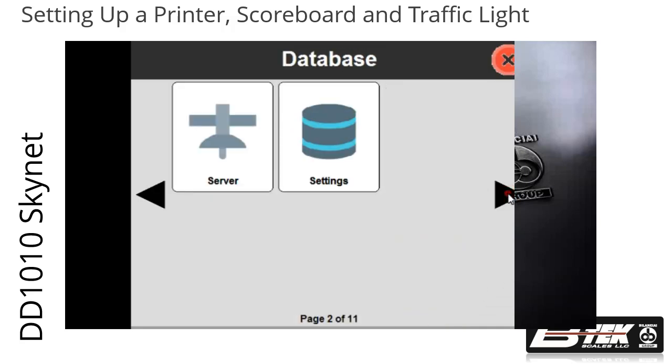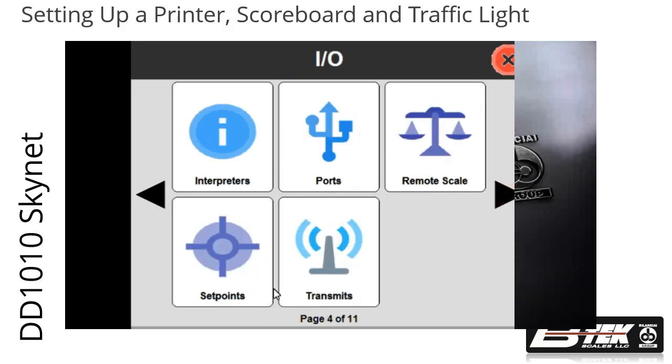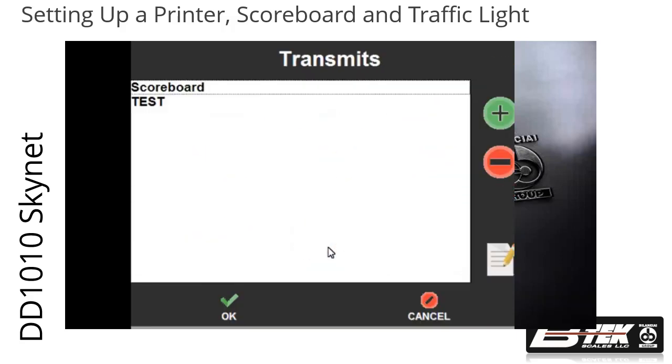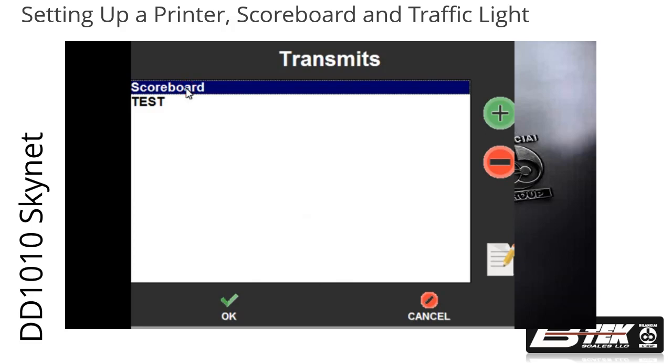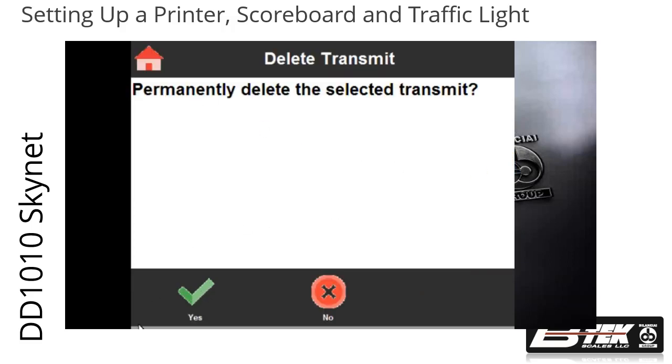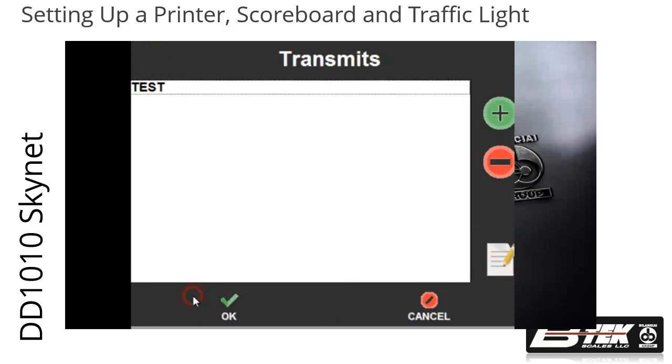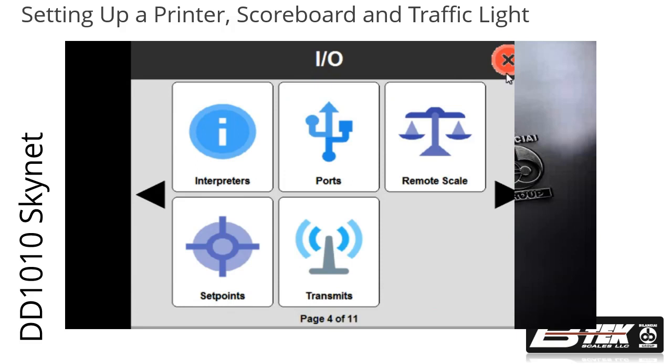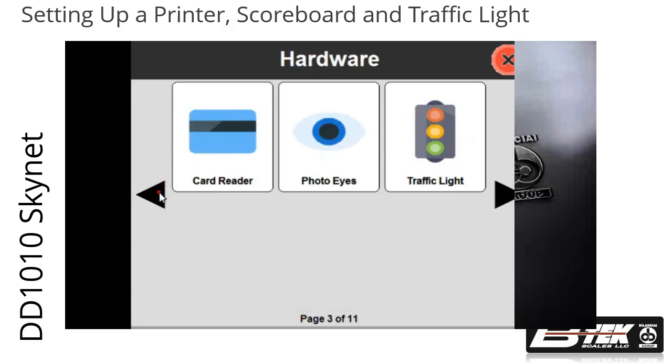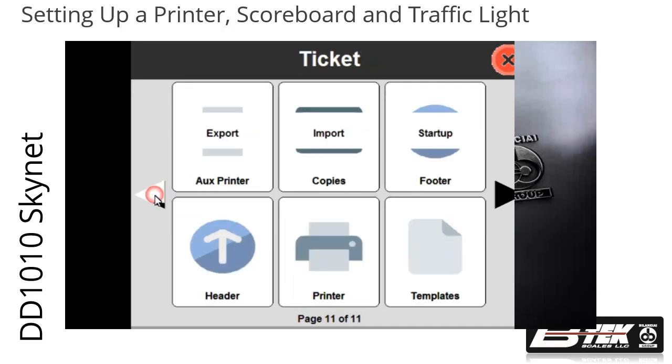We will then scroll over to delete our transmit that we just created. So we'll highlight scoreboard, click the minus sign, and yes, we want to delete it. Okay, so COM port 7 is no longer occupied by the software on the B-TEK software. Let's scroll back over to page 8 of 11.